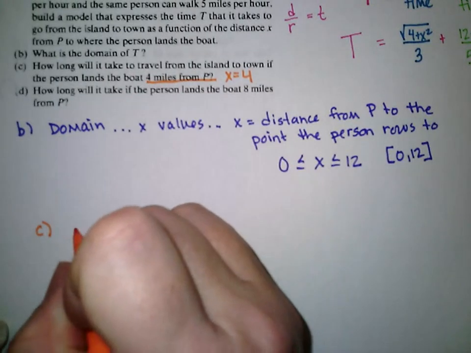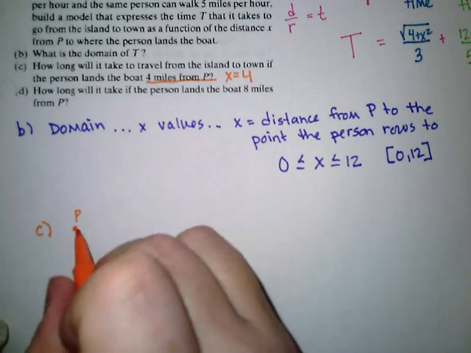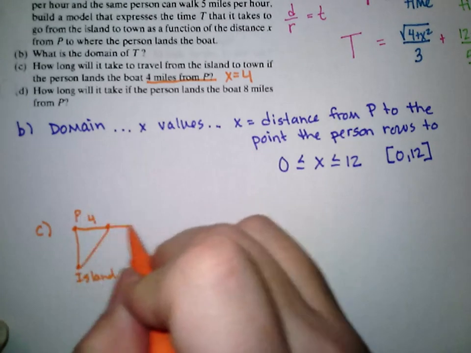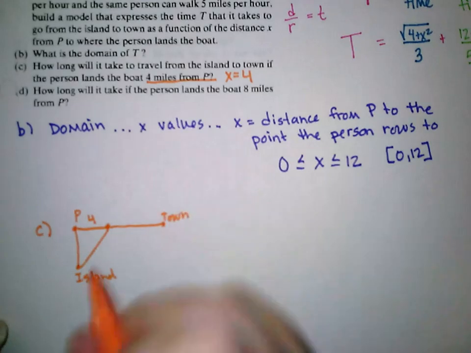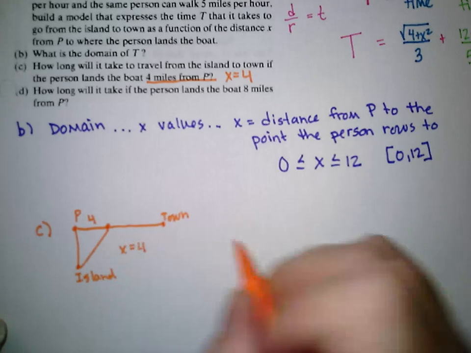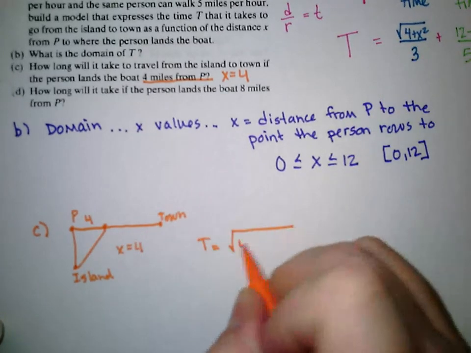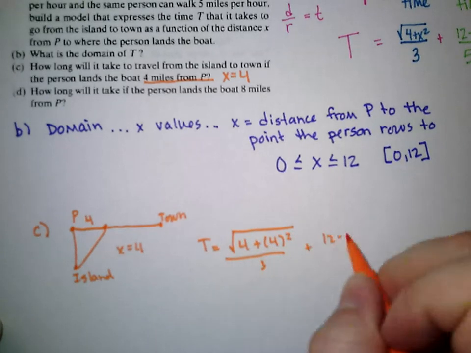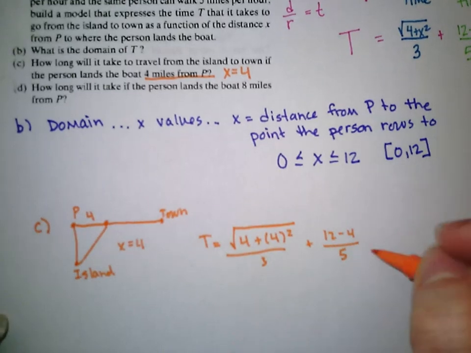So here's P, here's the island, and I'm rowing 4 miles away, and then walking the rest. So x would be 4. So then we're just going to use our formula, t equals, and we put 4 in for x. And we can all work that out. I'm just going to leave that for you to work out.